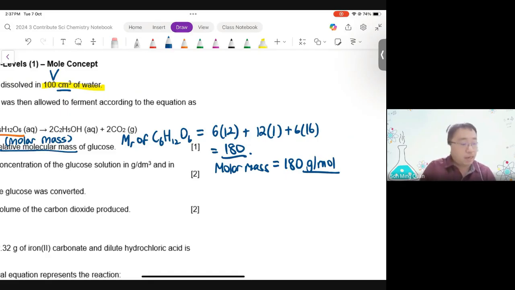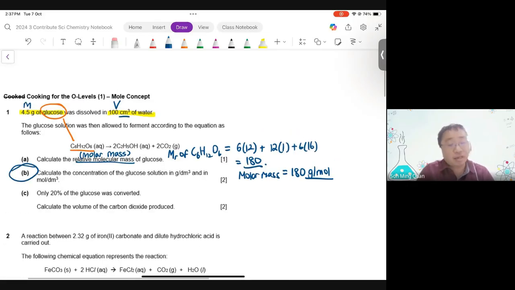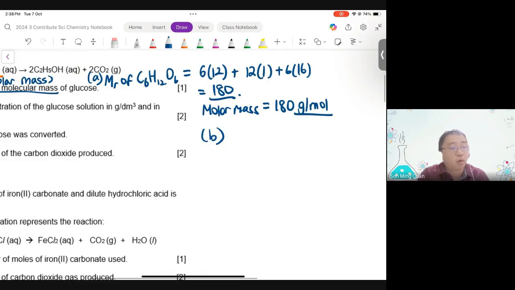Okay, next. Now part B is the main reason why I wanted to go through this actually. If you look at your TYS, this whole thing about concentration in grams per dm cube and moles per dm cube is very, very important. It comes out very often. You are expected to know how to convert between gram per dm cube to moles per dm cube. So let's revise this whole concept of concentration to start with.